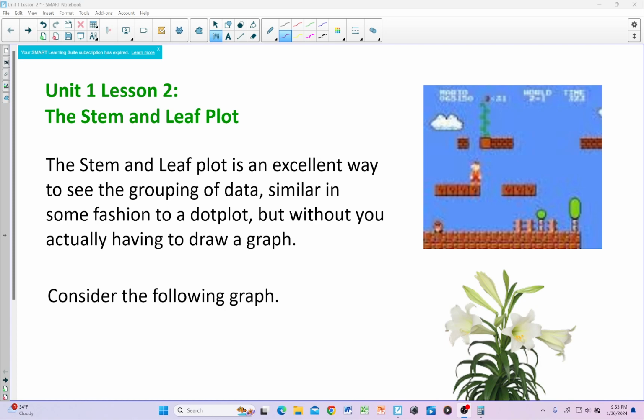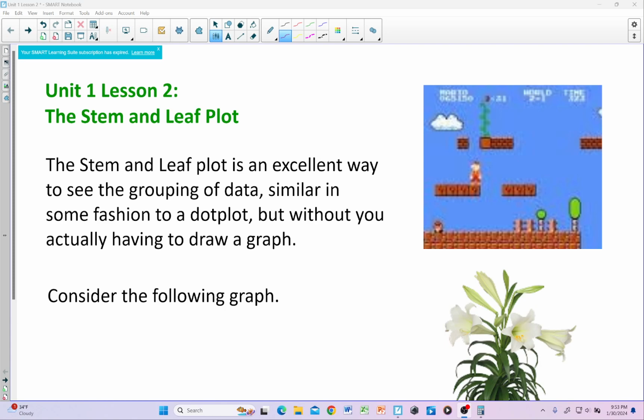We went over a few different kinds of graphs in Lesson 1, the dot plot, and a little bit about histograms. But here's a type of graph that perhaps you have seen a few times before, but may not have had a lot of experience with. This is something called the stem and leaf plot.